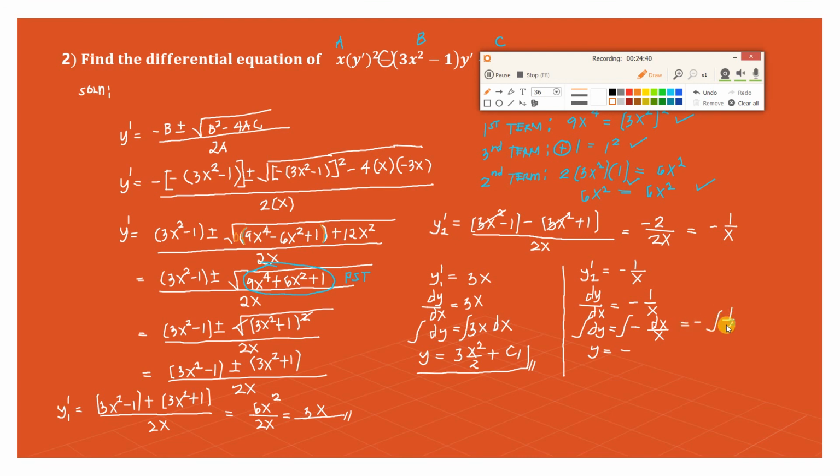Kasi baka nalilito kayo. Okay, so yung 1 over x, pwedeng gamitin yung ln. So, we have negative ln of absolute value of x plus C sub 2. Okay, so this is now our final answer for the second factor.